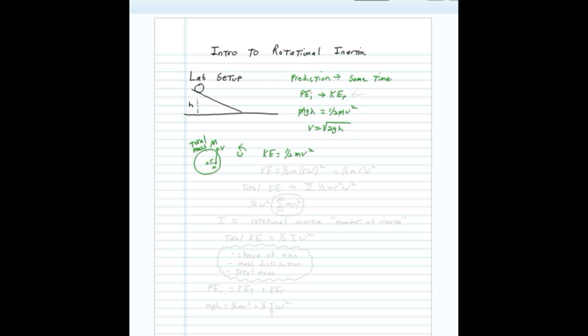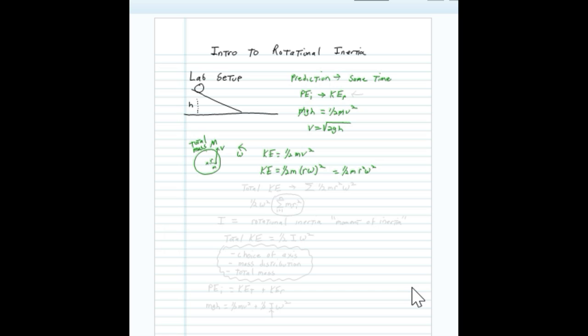So if we think about it in that context, we could say that the kinetic energy is 1/2 m times, instead of calling it v, if you remember the relationship between v and omega, r times omega is equal to v. So we could say 1/2 m r squared omega squared, like this.